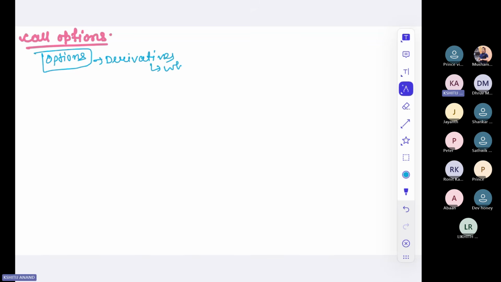Derivatives are something which derive their value from something else, whose value depends upon an underlying, right? Whose value is derived from an underlying.